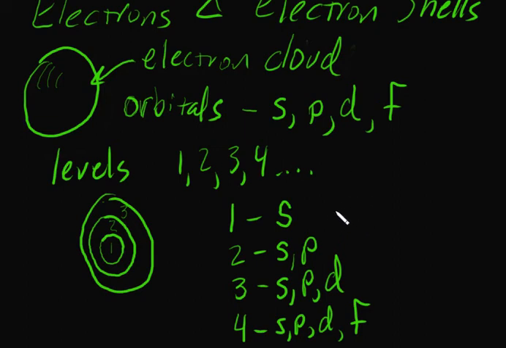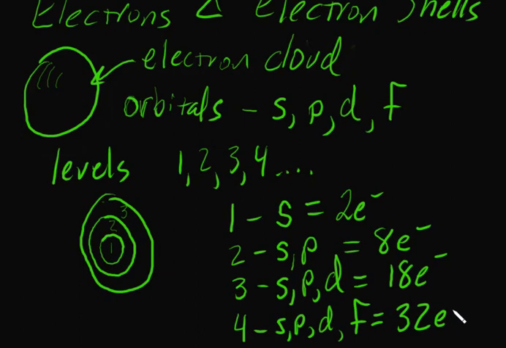Level 1 can only hold 2 electrons. Level 2 can hold up to 8 electrons. Level 3 can hold up to 18 electrons, and level 4 can hold up to 32 electrons. Levels 5, 6, and 7 are going to max out at 32 anyway because we said we don't go into any orbitals beyond f.